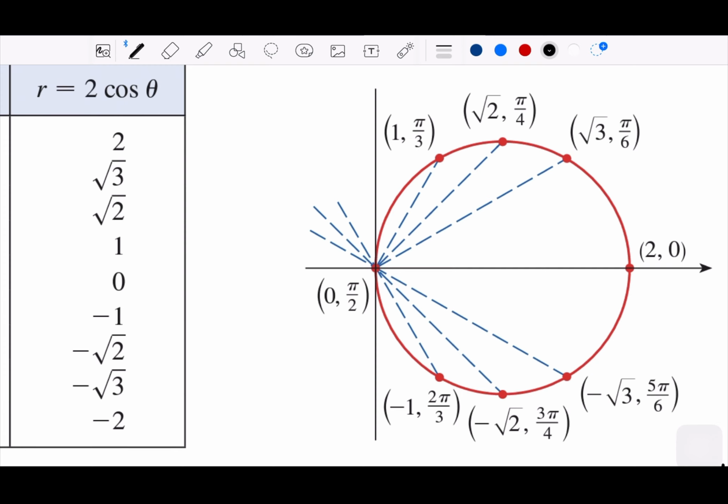Okay? So we start from 0, and the radius is 2. So we start from here. This is the first point. Every time you draw polar, start from the polar axis and then add the angle.